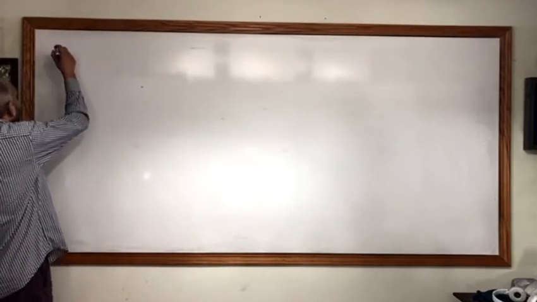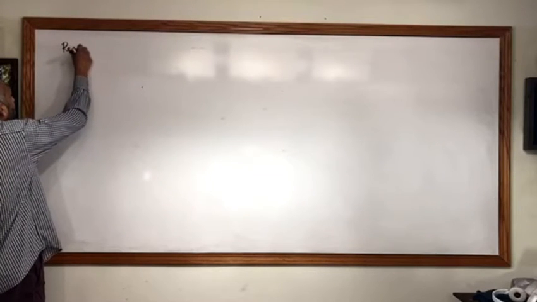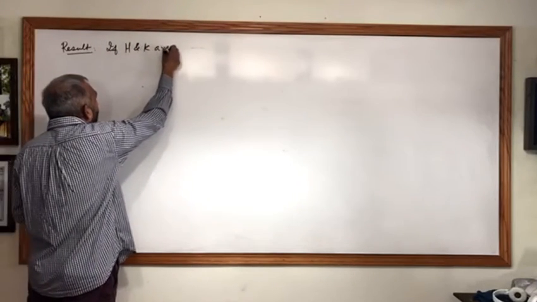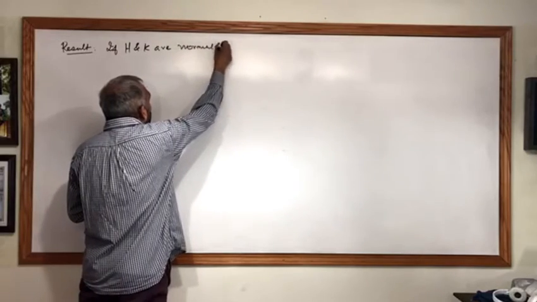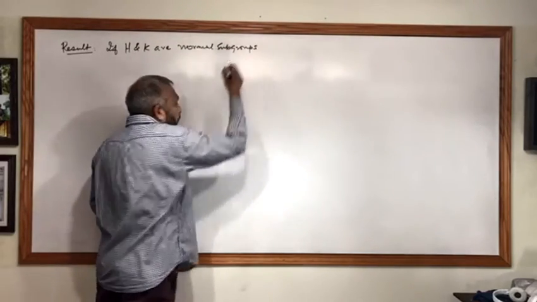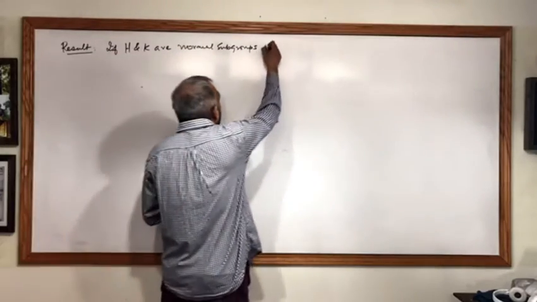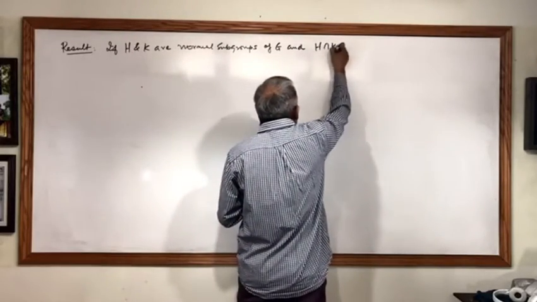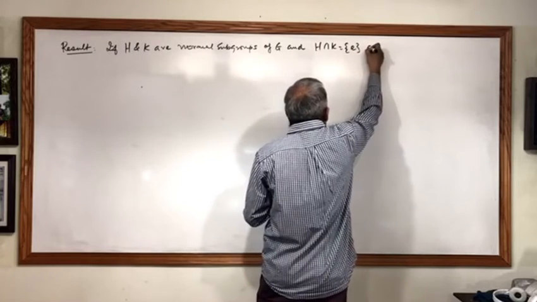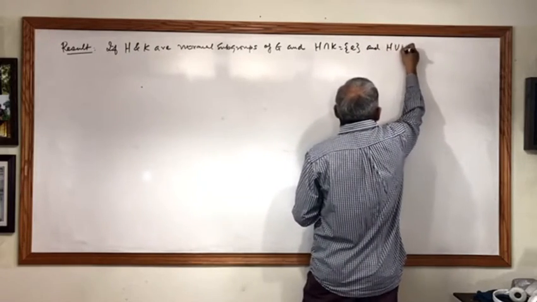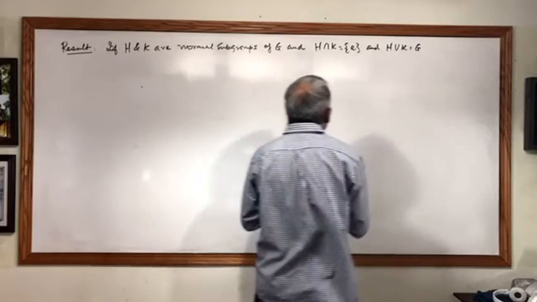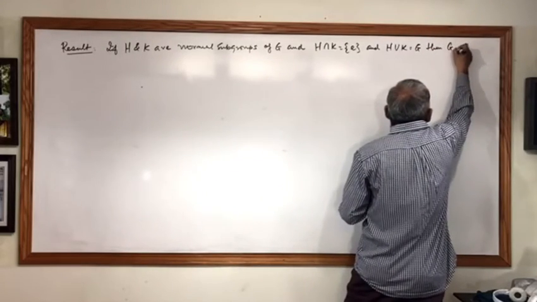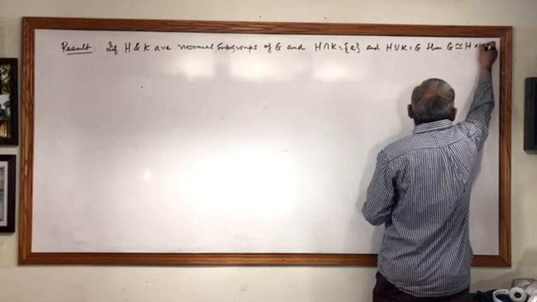So the lemma is this: if H and K are normal subgroups of G and H intersection K is equal to {e} and H join K is equal to G, then G is isomorphic to H times K.